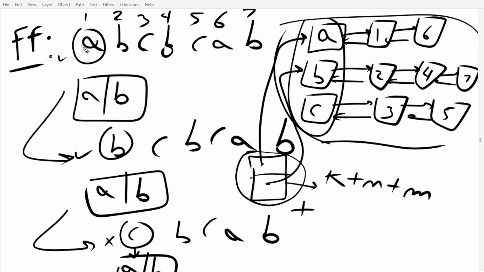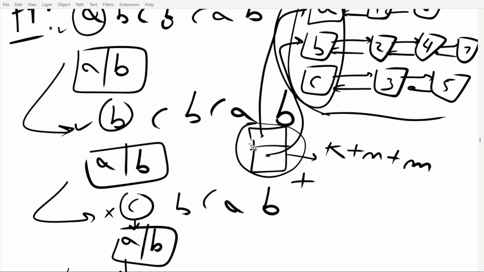Now again we run the algorithm. So first we have A. So for A we have to check these pointers, and how much time it will take is k.